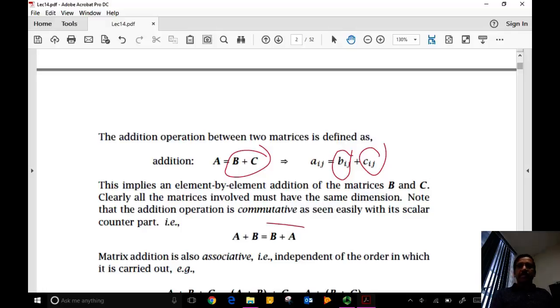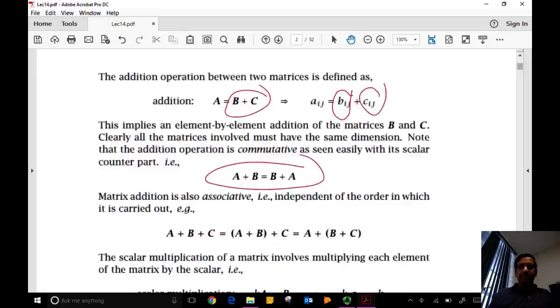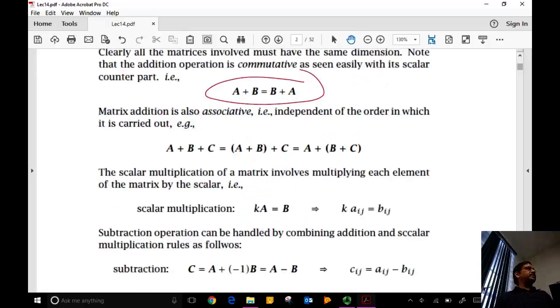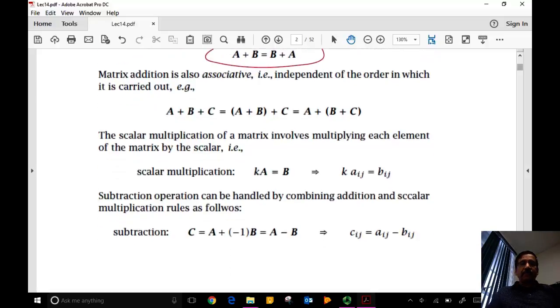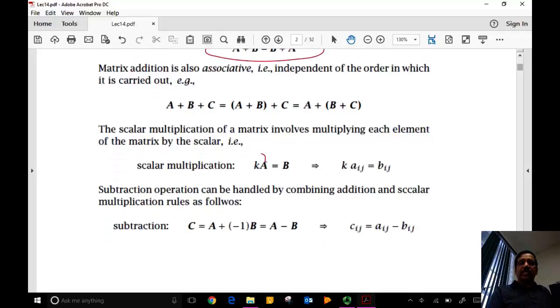Now, it is commutative, meaning whether you do A plus B or B plus A, you will get the same result. And it is associative in the sense whether you do A plus B and then C, or you do B plus C and then A, again, you should get the same result. These are the properties of the addition operation that we define. So a scalar multiplication is if you take a matrix and multiply it by K, every element in that A is multiplied.